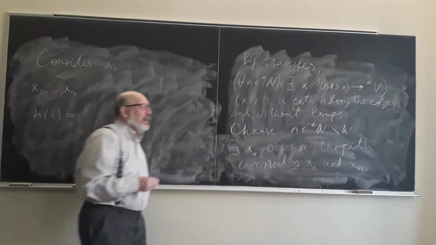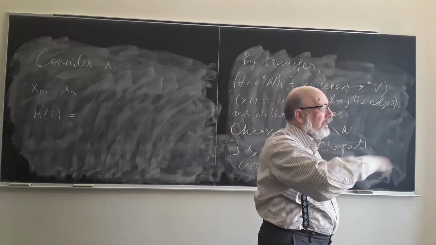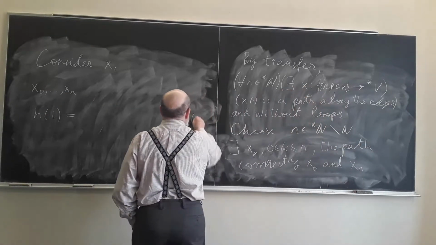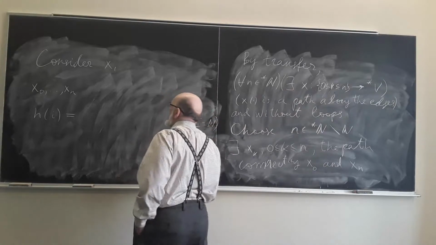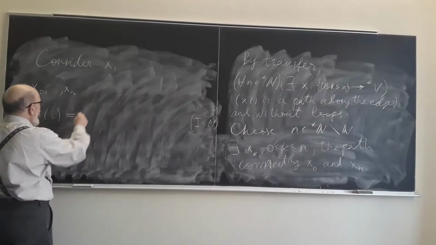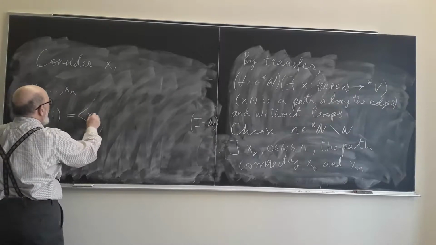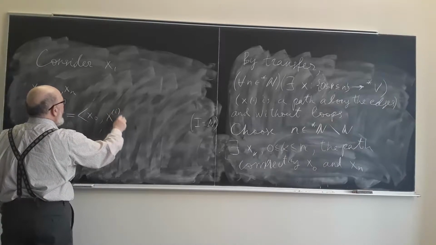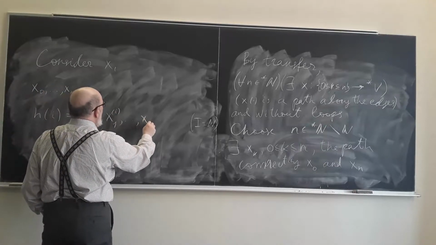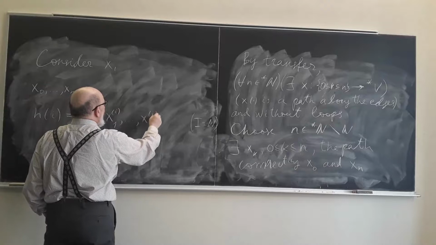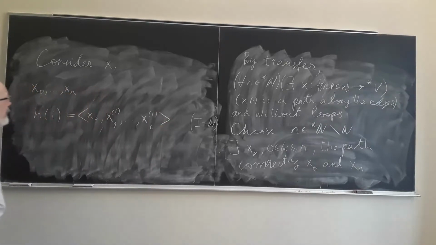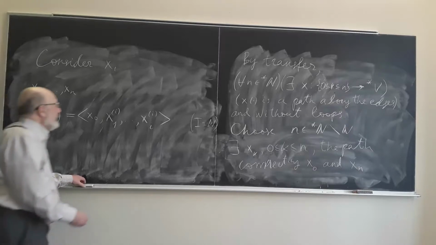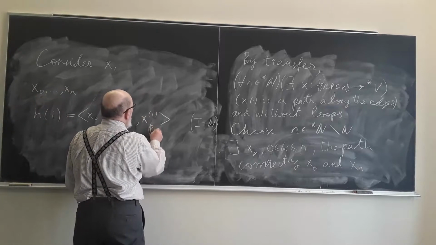Say, so our ultrafilter, our index set is just N. So h of i is x0, x1 i, ..., x i, yeah?